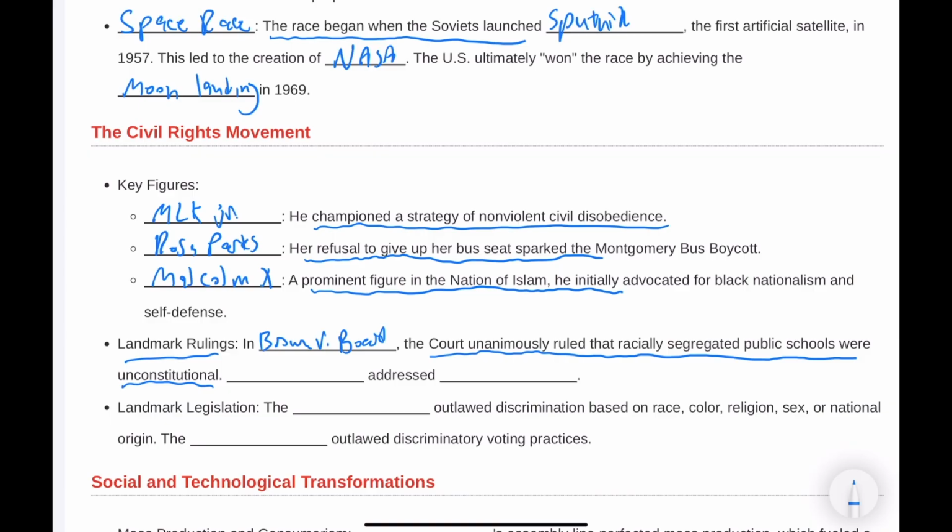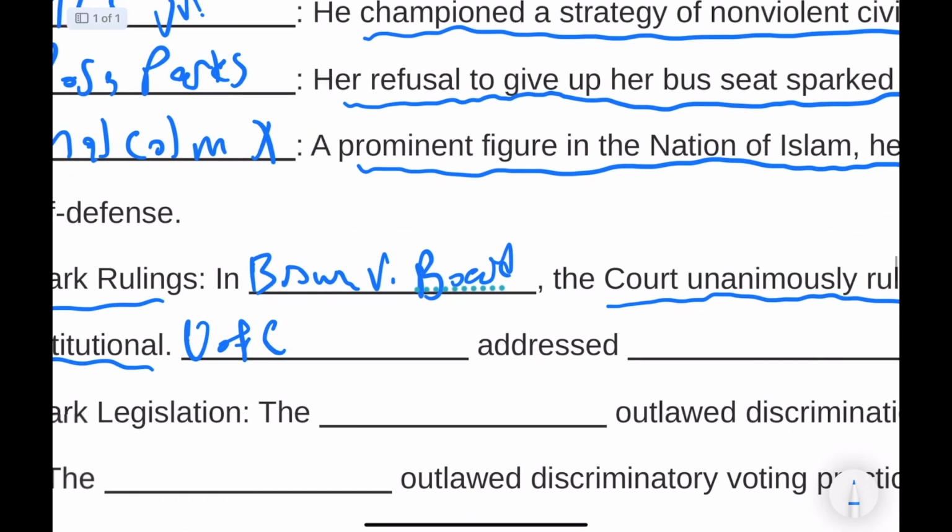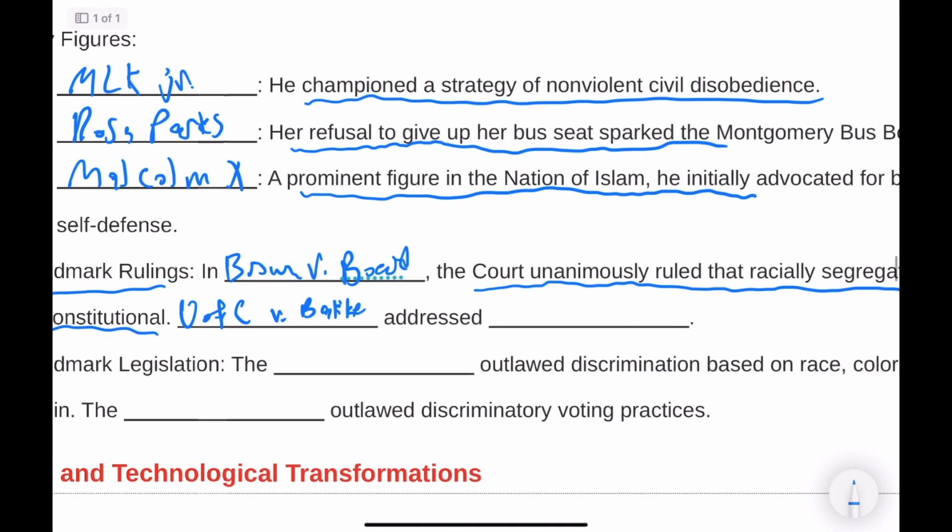And let's see what else is next. We have University of California v. Bakke. Remember, Bakke was the student who was not initially accepted into college based on affirmative action.